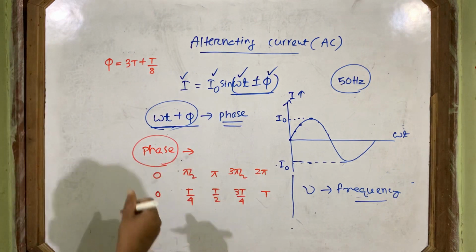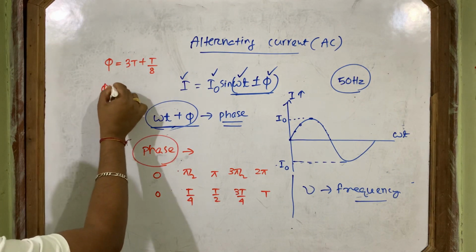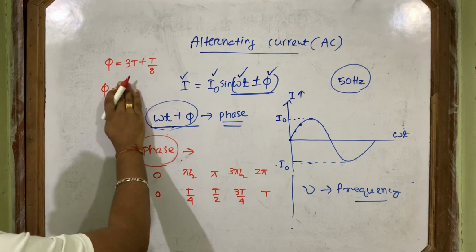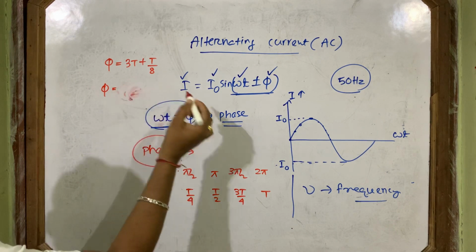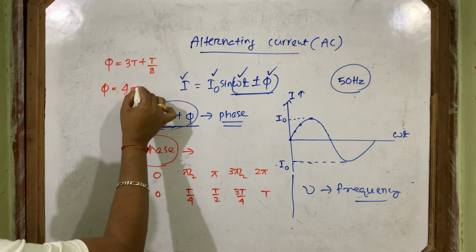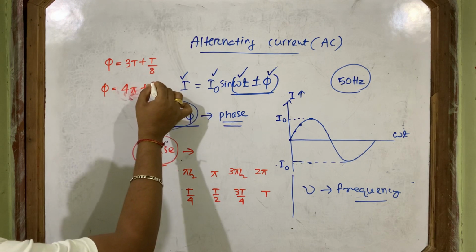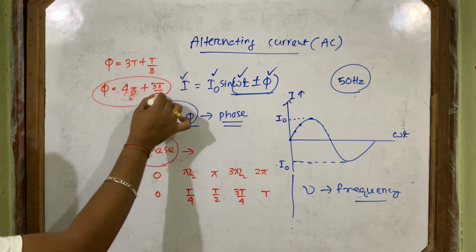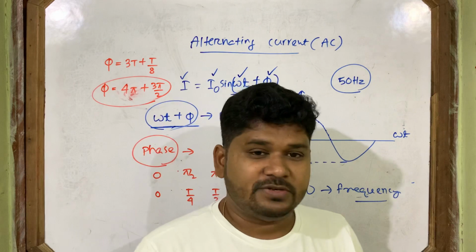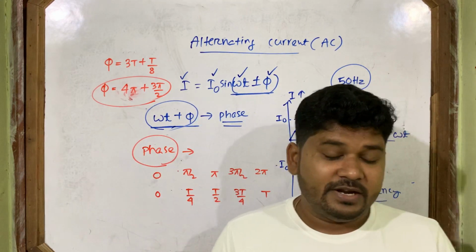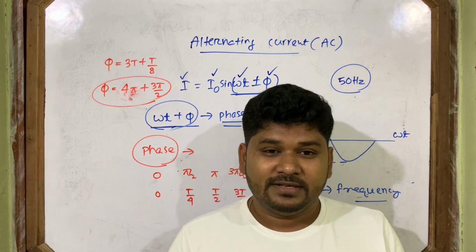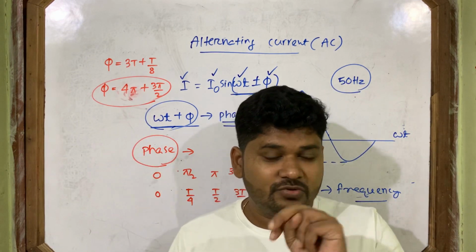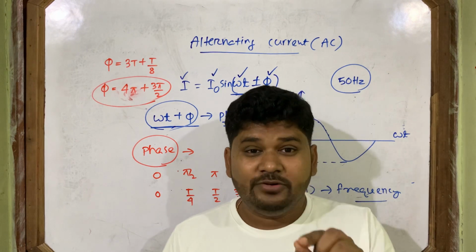Also in terms of angle, if I write in terms of angle, suppose, I am writing another example, suppose 4 pi plus 3 pi by 2. If I write the phase like this, 4 pi plus 3 pi by 2, what information did you get? 4 pi means how many 2 pi? 2 into 2 pi.